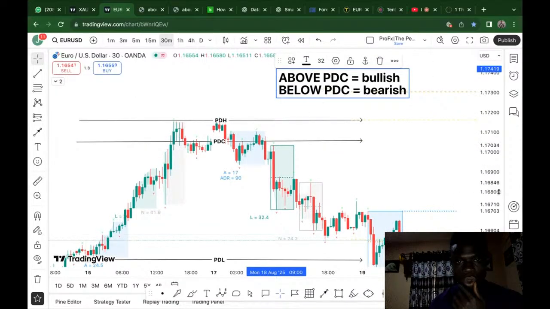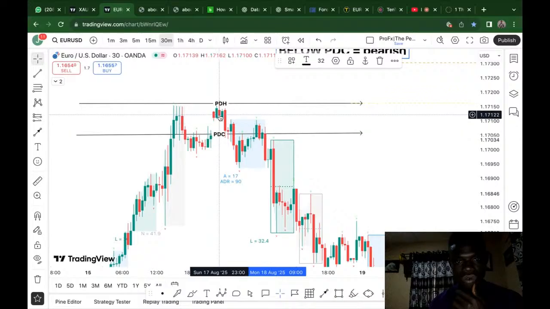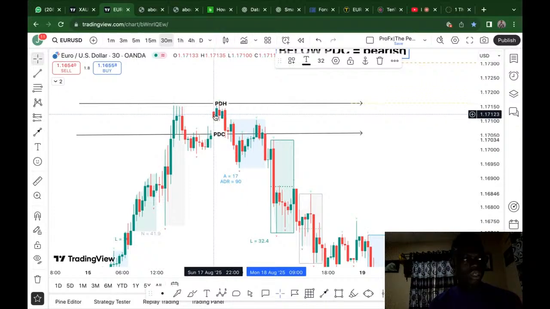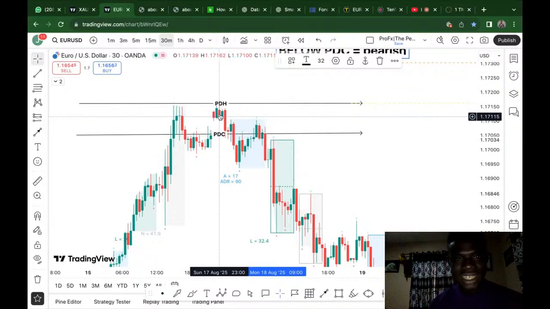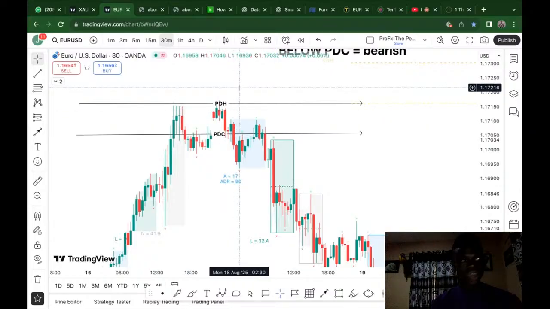Price opened and started trading above. Can you see this PDC? And these candlesticks are above. So price opened the Asian session and started trading above. But this has not given us a bullish sentiment until we have a new high. Then we can say, okay, price wants to go up.